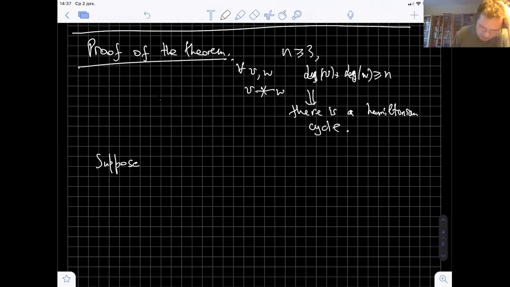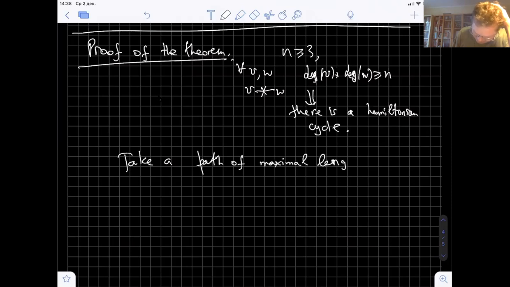Suppose we take a path of maximal length. It can be two vertices or maybe more.